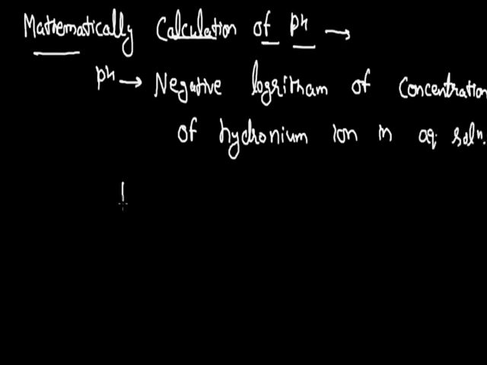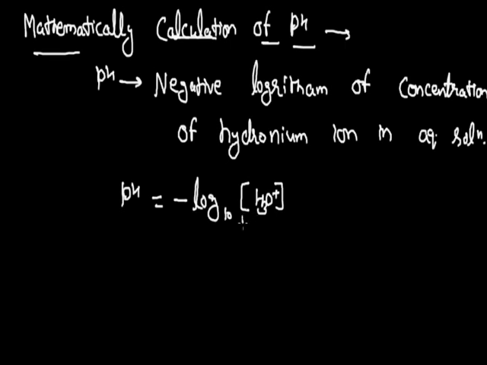If I am to represent this definition in mathematical form, then for the negative we will use this sign, and logarithm can be represented as log 10, and the concentration of hydronium ion is represented by this square bracket containing H3O plus cation.